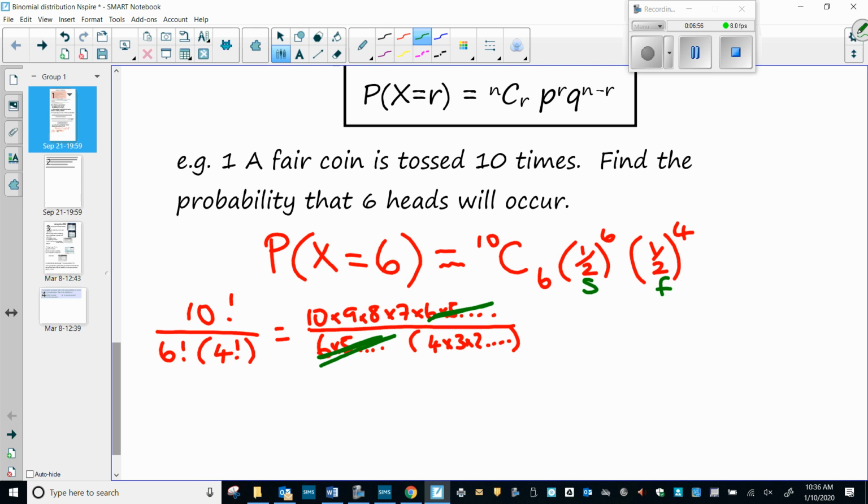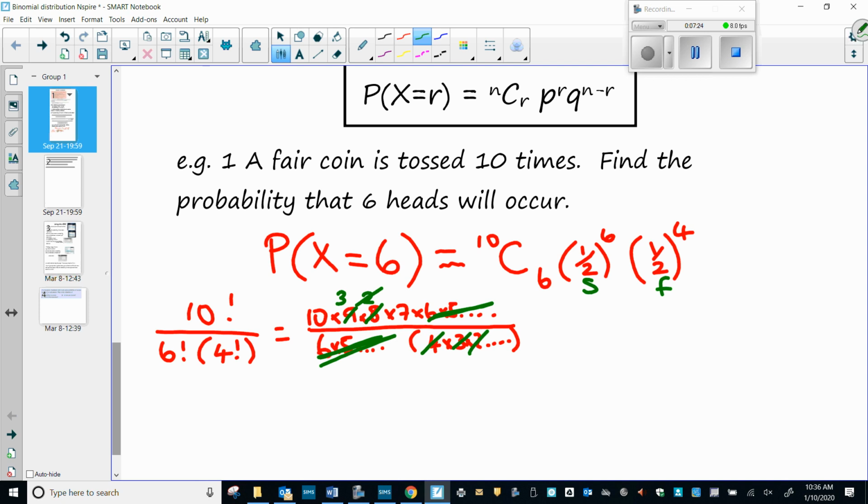Right, we now need to try and get rid of my 4 times 3 times 2. I can see that if I get rid of my 4 here, that would then become a 2. So I'm just looking for shortcuts here. And my 3 I can get rid of, and then this will become a 3. And then I can get rid of my 2 because I can cross out that 2 again.